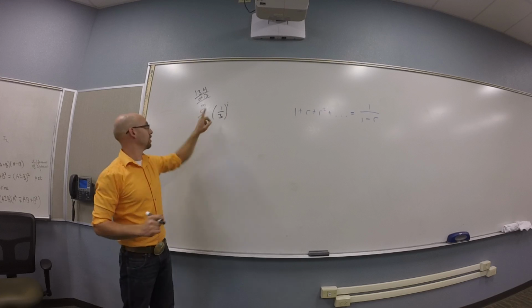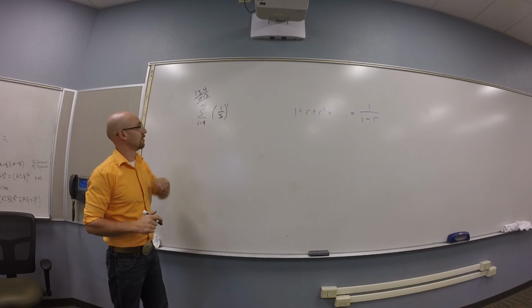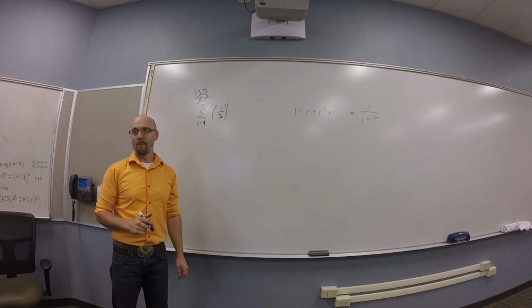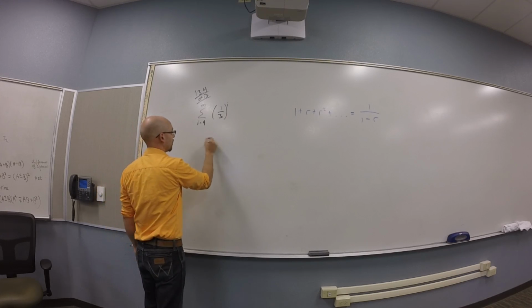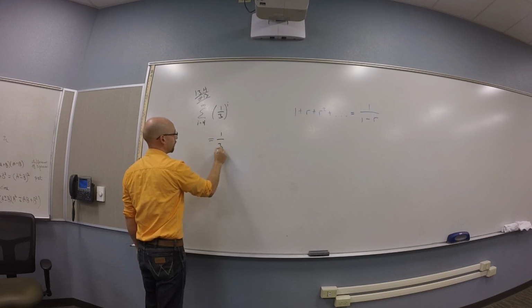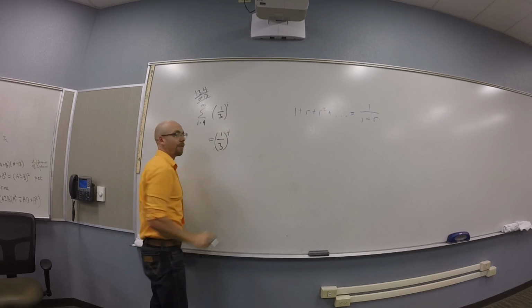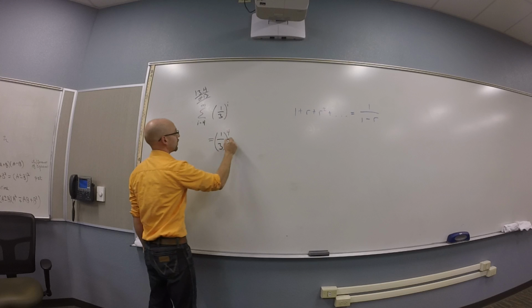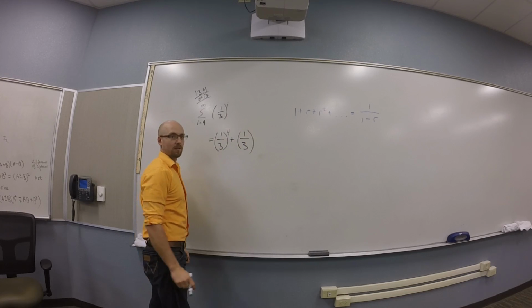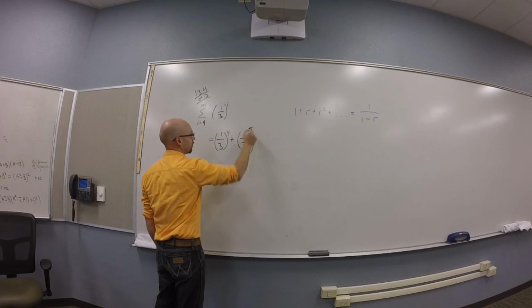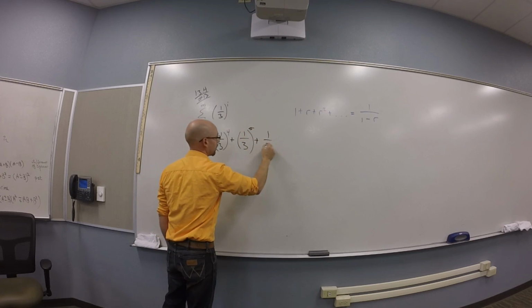Okay. This geometric series that I have here starts at 1. Get rid of that. So this starts with 1 over 3 to the 4th power, right? Plus 1 over 3, what's next? 5th power, and so forth, right?